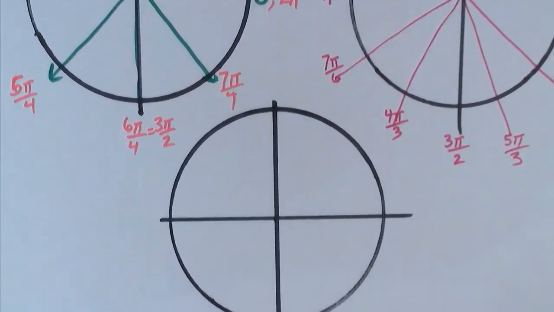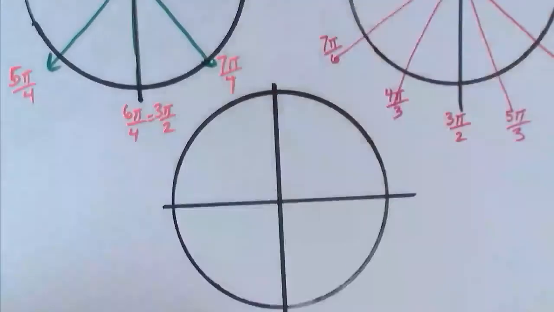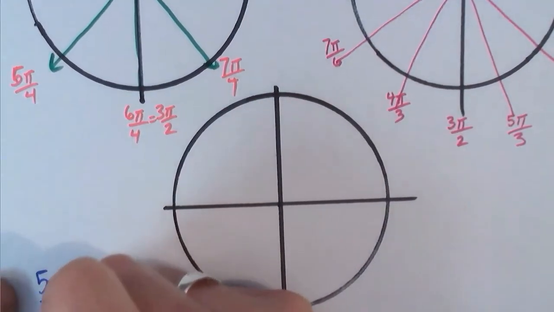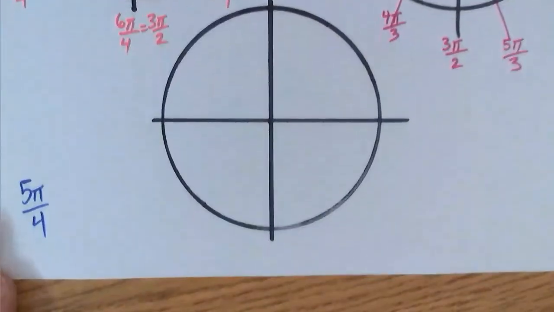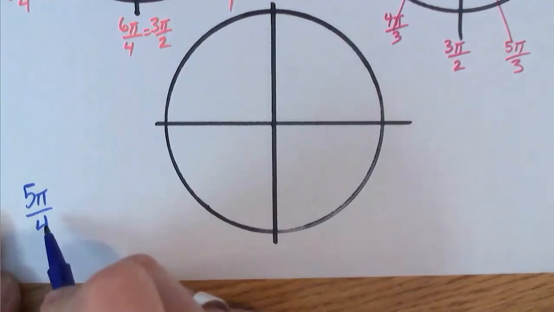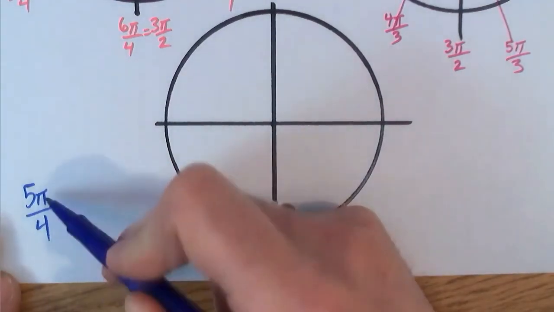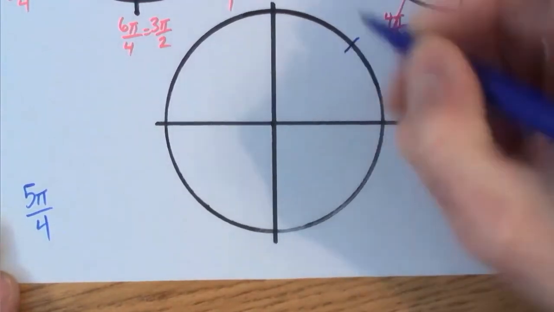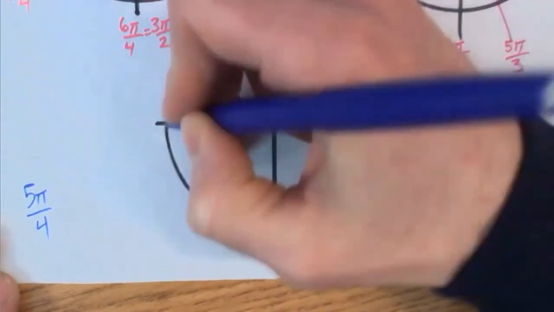So here's the deal. What if we were just doing a problem? And the problem asked me to get to 5 pi over 4. And I didn't know where that was. You don't have to write all of them out. You have to think to yourselves, I'm 5/4 of the way to pi. Well, once again, there'd be 1/4 of the way, 2 quarters, 3 quarters, 4 quarters.